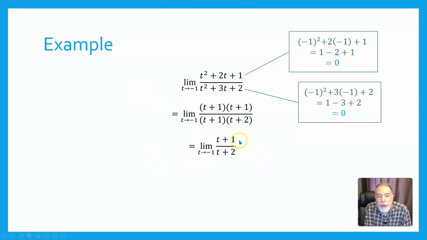Now we have a numerator that's approaching 0 over a denominator that's approaching 1. And now that the denominator no longer approaches 0, we have our limit. The limit is 0 divided by 1, which is 0. So when t is close to -1, (t squared plus 2t plus 1) over (t squared plus 3t plus 2) is close to 0.